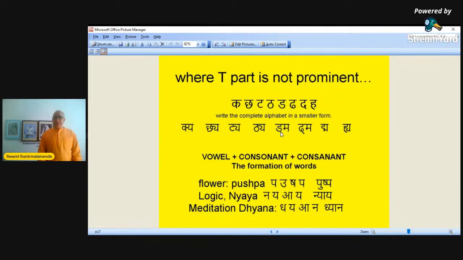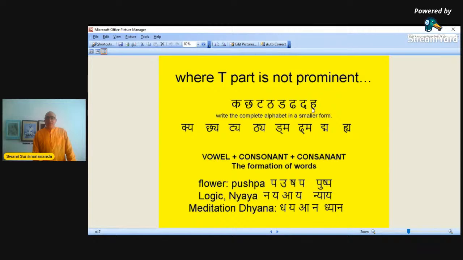For da, you write da only, but a small dash, and it becomes dma. Then there is ha and ya. You can write ya here, so it becomes hya.